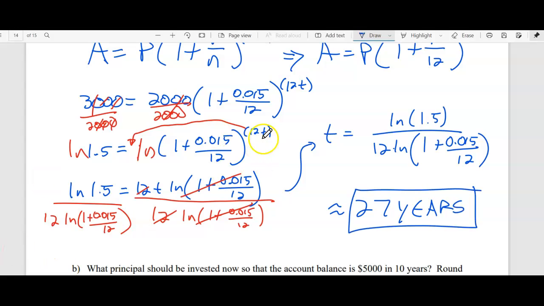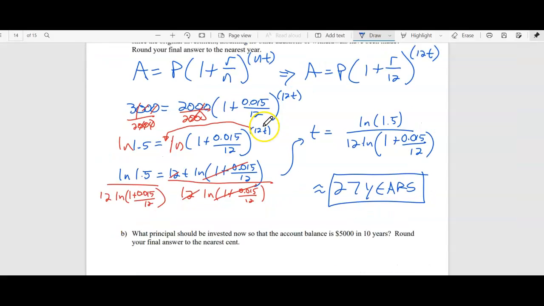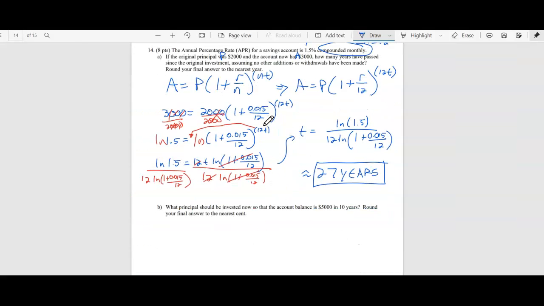There is a part B to this question. What principal should be invested now so the account balance is $5,000 in 10 years? So what principal? 5,000 is the after value. What's the principal?